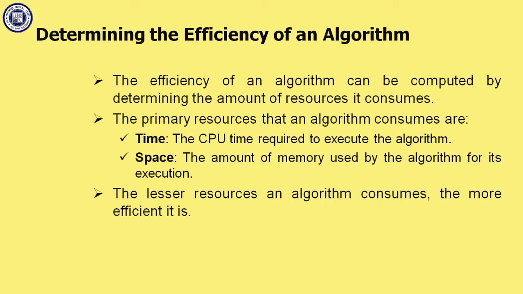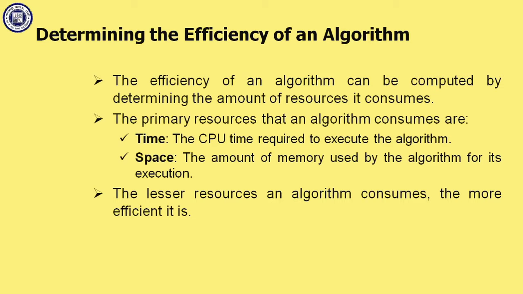The efficiency of an algorithm can be computed by determining the amount of resources it consumes. When it comes to resources, we generally talk about time and space. That means how much time our algorithm is going to consume and how much memory it is going to consume.